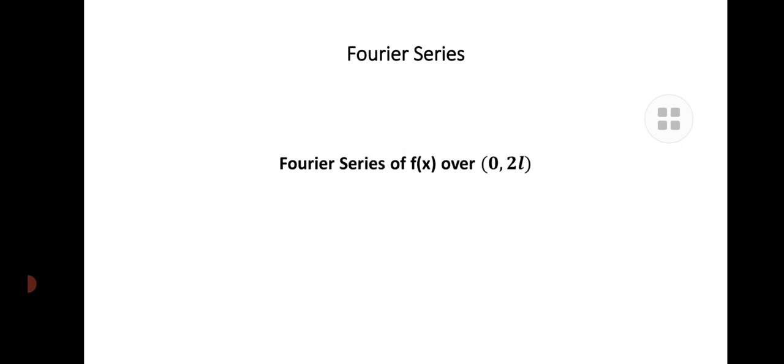An is equal to 1 divided by L integral c to c plus 2L f of x cos n pi x divided by L dx, and Bn is equal to 1 divided by L integral c to c plus 2L f of x sin n pi x divided by L dx. And in particular, if L is equal to pi, the Fourier series of f of x has period 2 pi in the interval c, c plus 2 pi.